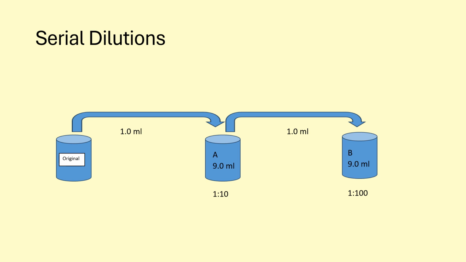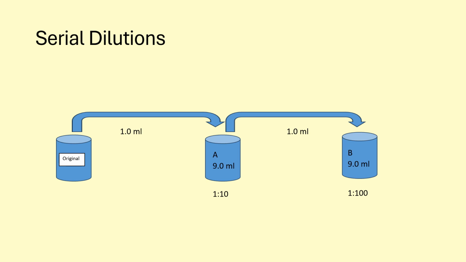That would be a 1 to 10 dilution again, because you're taking 1 ml, your total volume is 10. So B is a 1 to 10 dilution as compared to A. But we're not comparing to A, we're comparing back to the original sample. So the way you do this is now multiply.